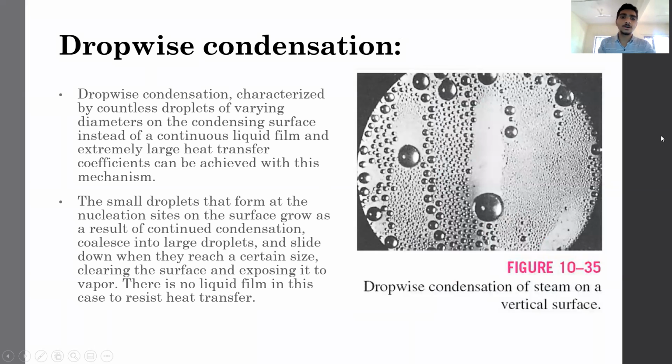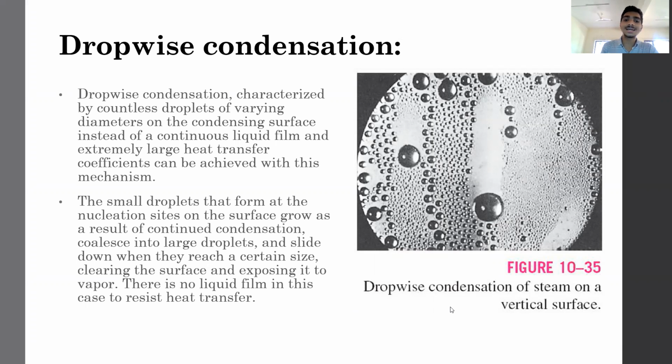So this is dropwise condensation. We can see this example of dropwise condensation of steam on a vertical surface. Dropwise condensation is characterized by countless droplets of varying diameters on the condensing surface instead of a continuous liquid film, and extremely large heat transfer coefficients can be achieved with this mechanism.